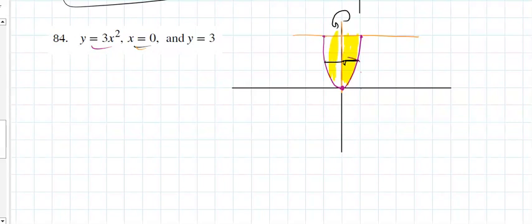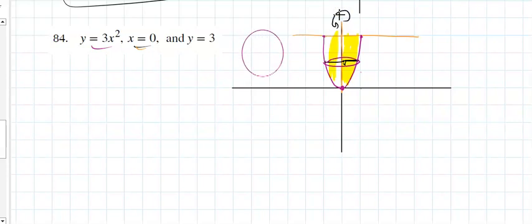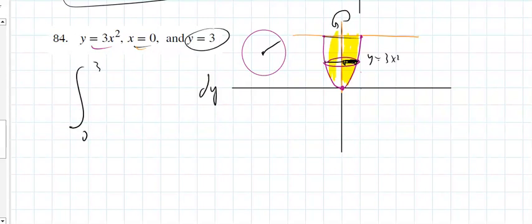Well, that's going to create that disk, and that distance is simply right minus left. If y equals 3x squared, since I'm picking this horizontally, that's a dy, that's y equals 0 to y equals 3, pi times the radius squared.